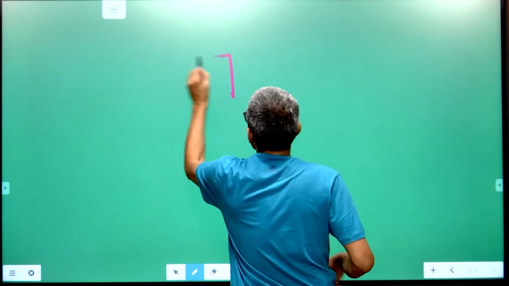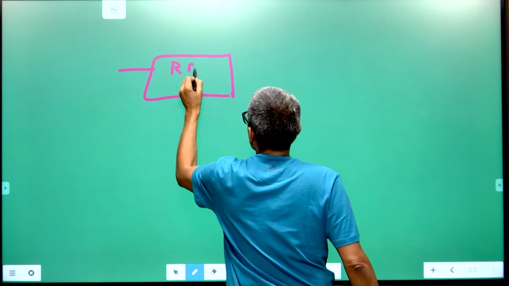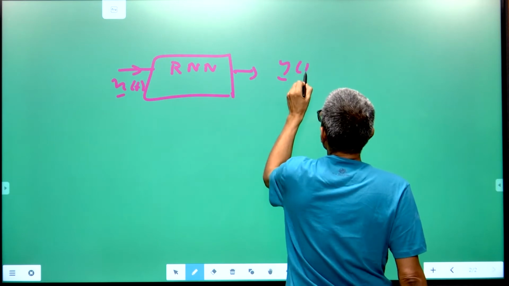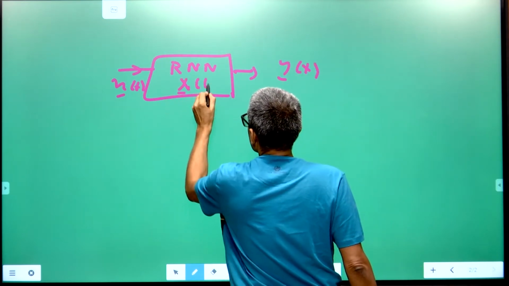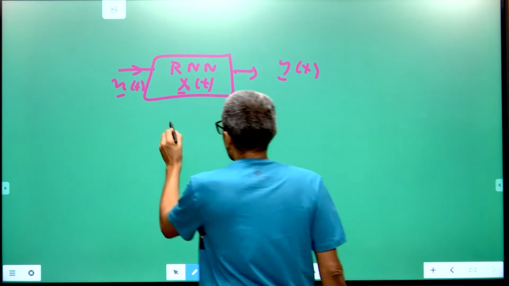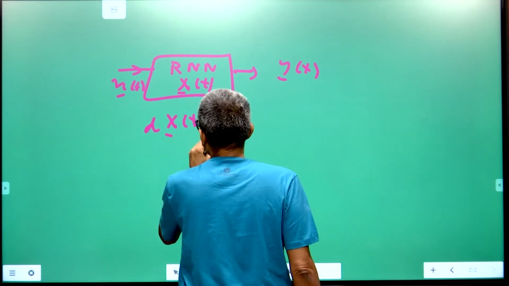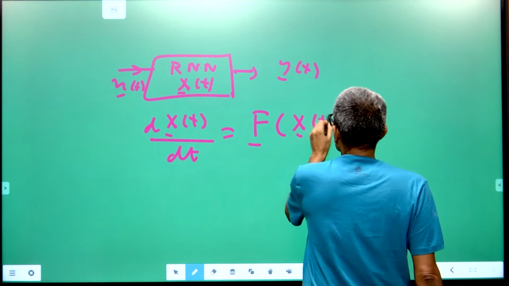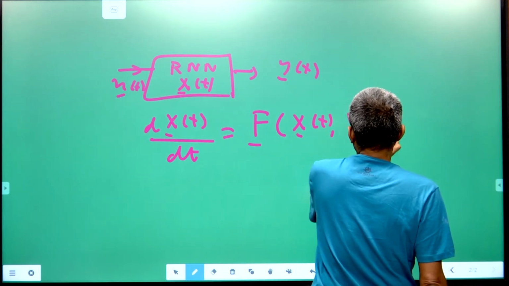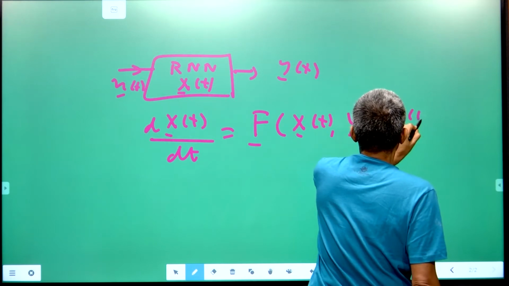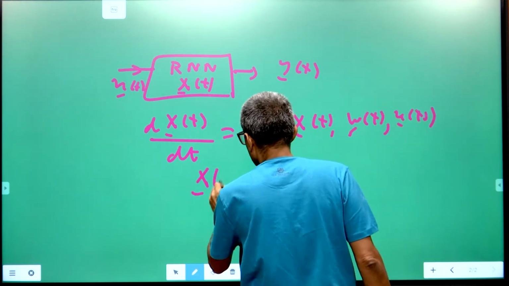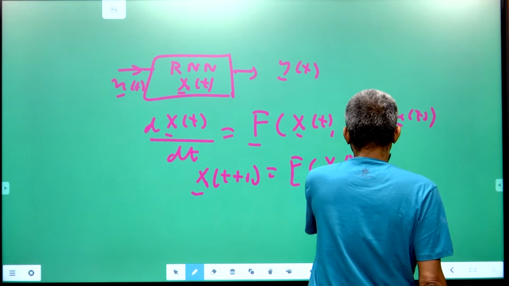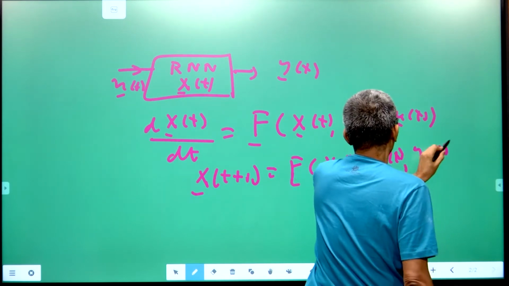So, what you will do is use what is called an RNN, a recurrent neural network, which takes as input a ut process and outputs a yt process, and the states of the neural network are xt, that is the states at the nodes, and these nodes are governed by a differential equation or a difference equation. dxt by dt equals, say, some function of xt, the weights, and the input, or if it is in discrete time, xt plus 1 is equal to f of xt, wt and ut, and the weights are to remain constant.